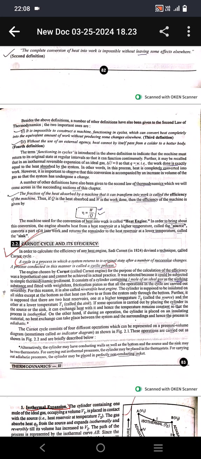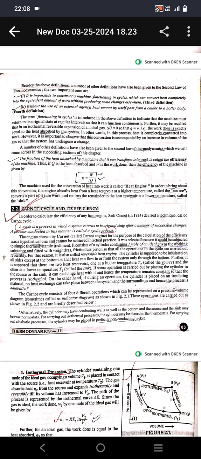The fraction of the heat absorbed by a machine that it can transform into work is called the efficiency of the machine. Thus, if Q is the heat absorbed and W is the work done, then the efficiency of the machine is given by eta equals work done divided by heat, that is, eta = W/Q. The machine used for the conversion of heat into work is called a heat engine.